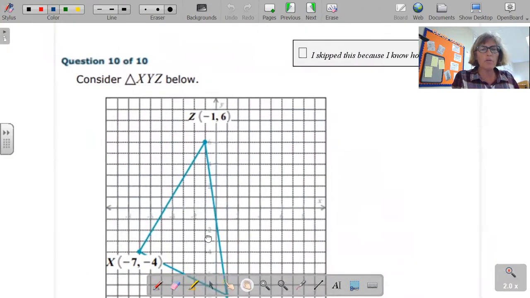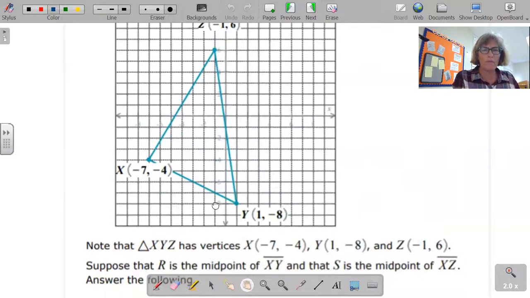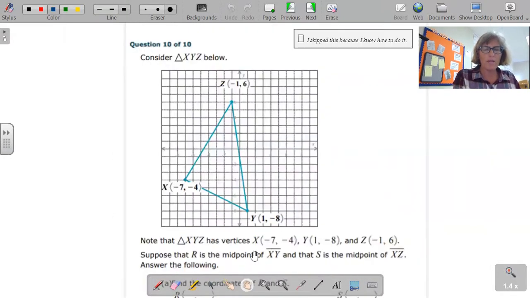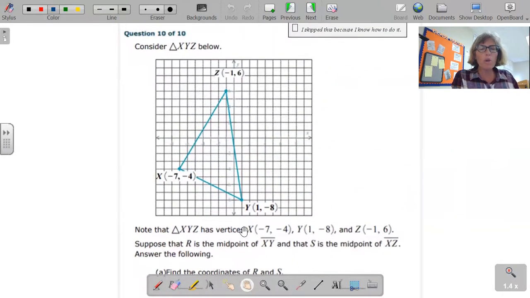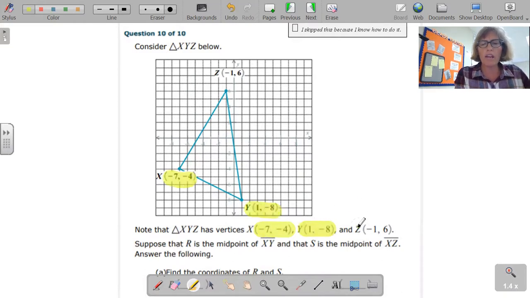Taking a look here, we have a triangle below. Step number 1. We're told that XYZ has vertices of (-7, -4), (1, -8), and (-1, 6).